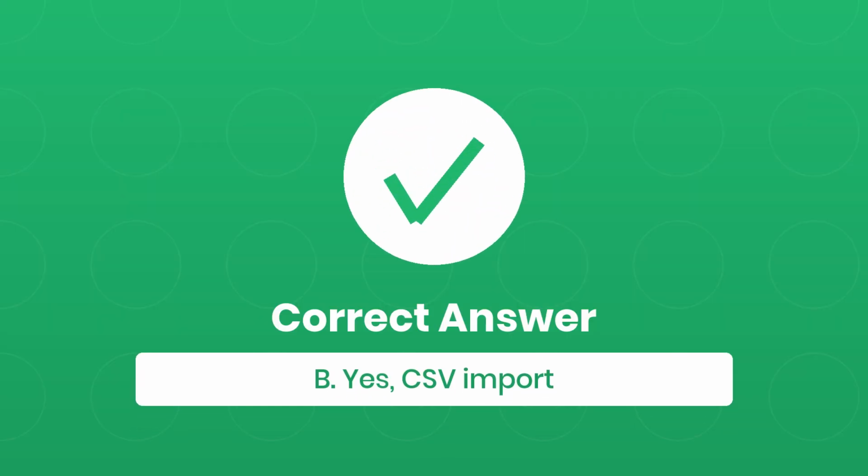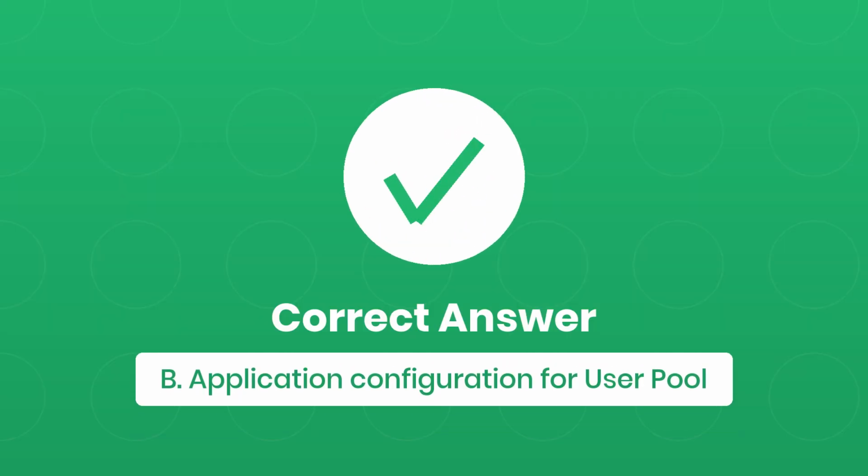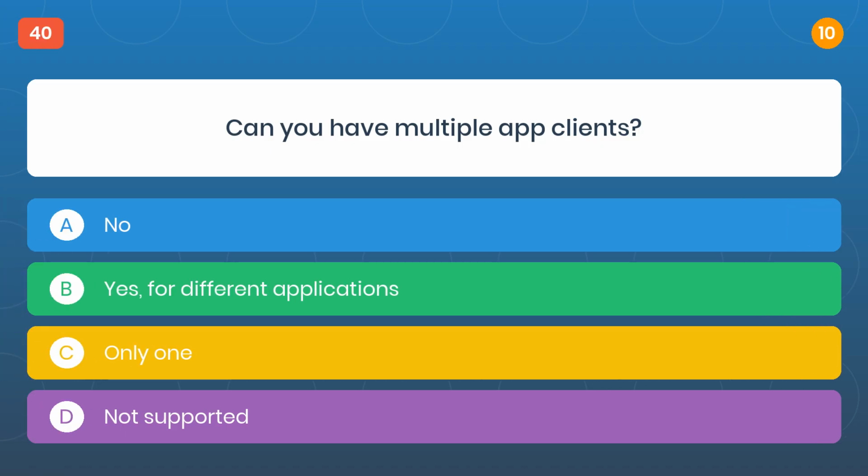The correct answer is B, yes, CSV import. Question 39. What is the app client? The correct answer is B, application configuration for user pool.